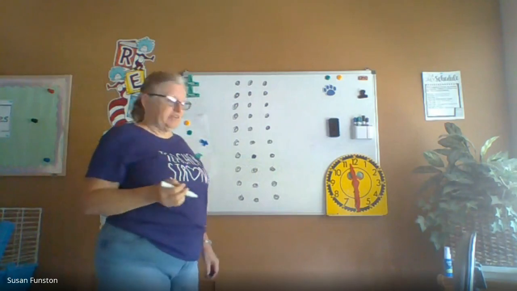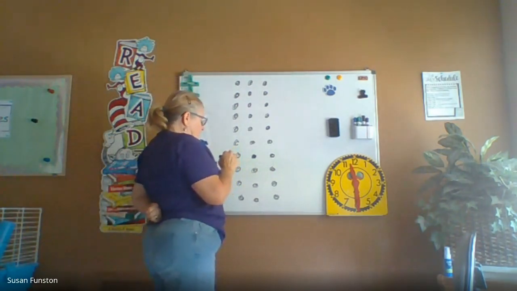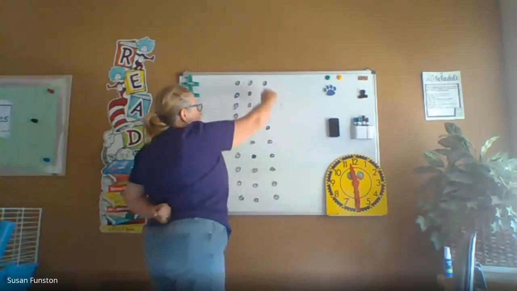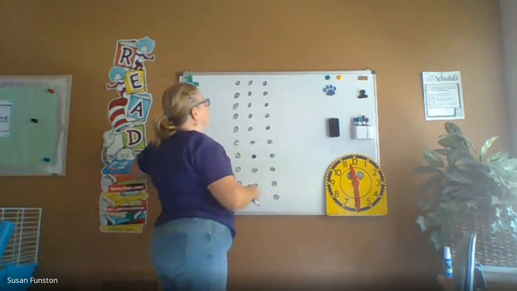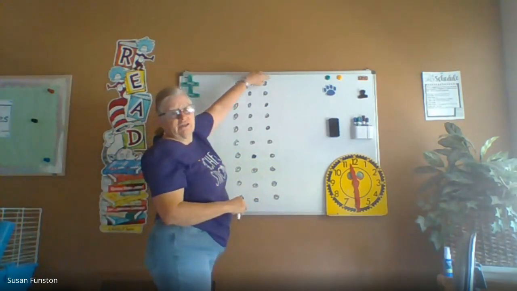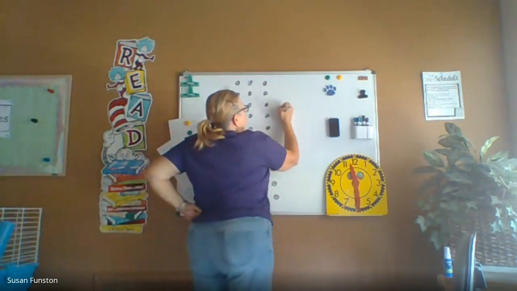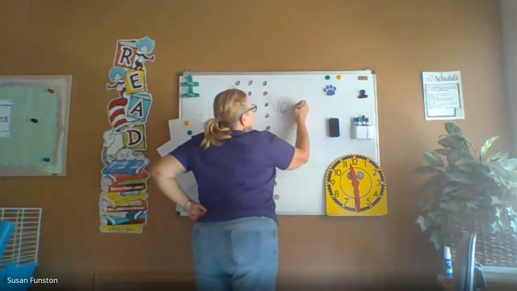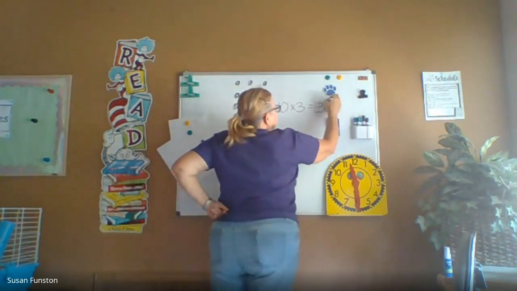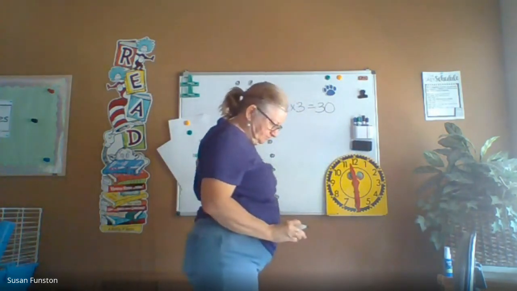The 10s are very easy. So I can count by 10s. So I can say, here's a group of 10, here's a group of 10, here's a group of 10. And I can count 10, 20, 30. So this entire array is 30. 10 times 3 equals 30. So that was easy for me to figure out.